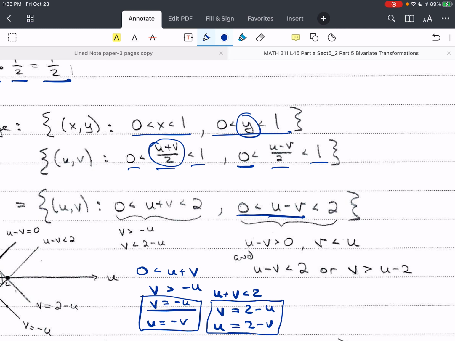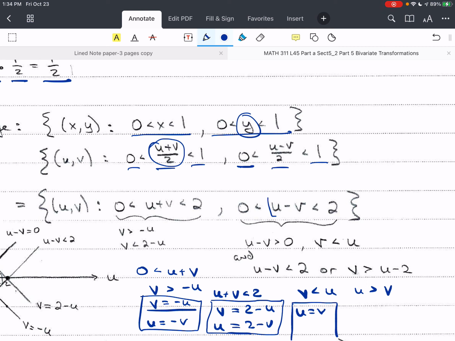Now I'm going to do the same thing with this. I'm going to look at this portion of the inequality. And if I solve for v, I have that v is less than u, or u is greater than v. So I need the line u equals v. So that's one of the lines I need. And then I look at the other portion of the inequality.